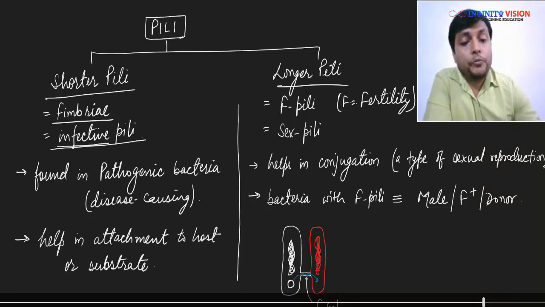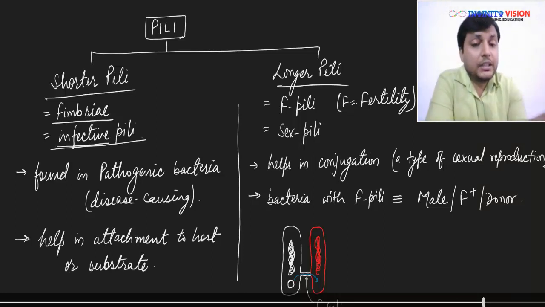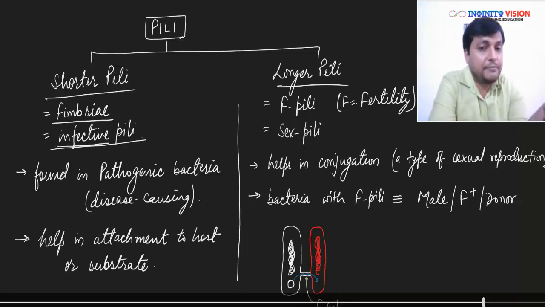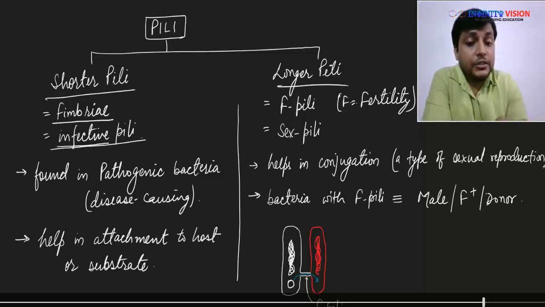Now, when these two bacteria get connected with this sex pili, what happens is this extra DNA or extra plasmid, which contains the information for making F pili or sex pili, is transferred from this male bacterium to the F negative or female bacteria. So again, here the genetic transfer or the mixing of genetic material is taking place, and that's why it is a form of sexual reproduction.